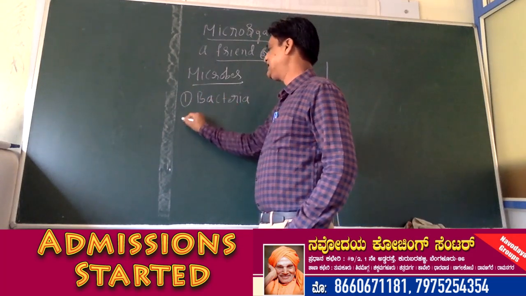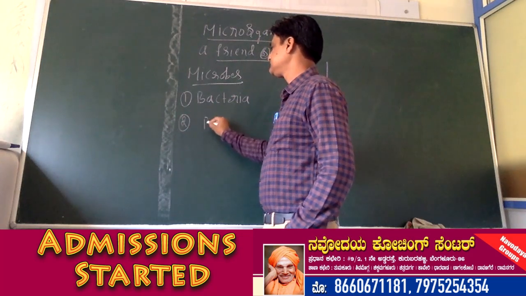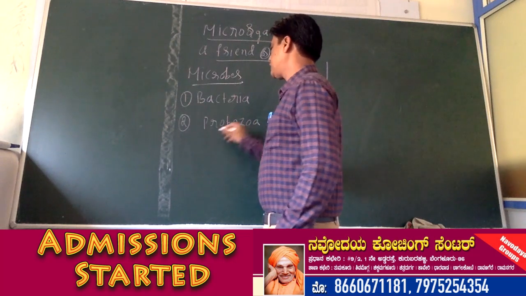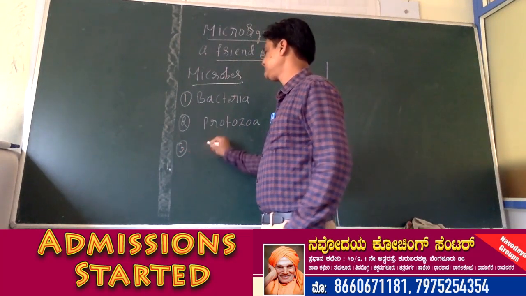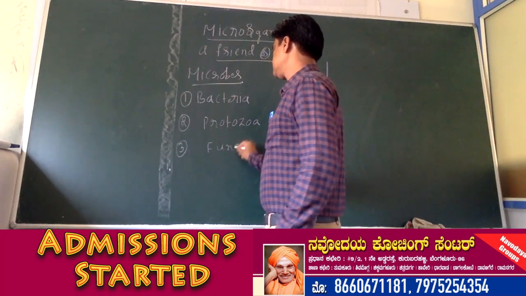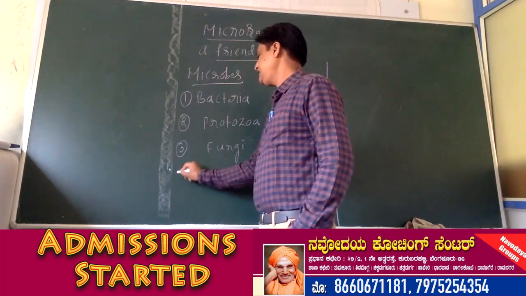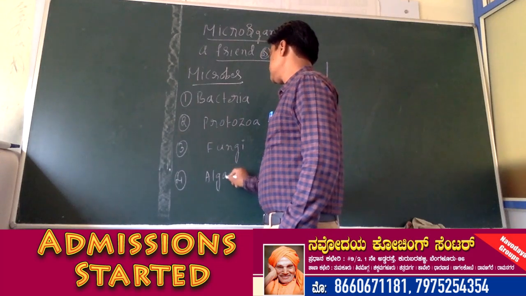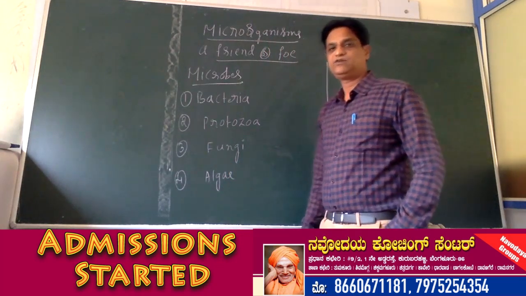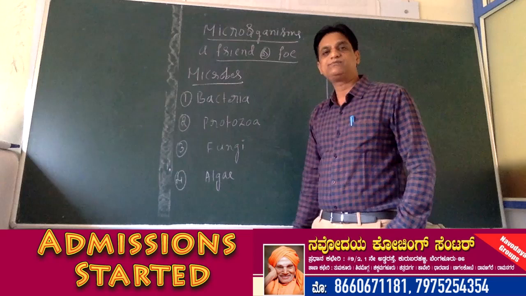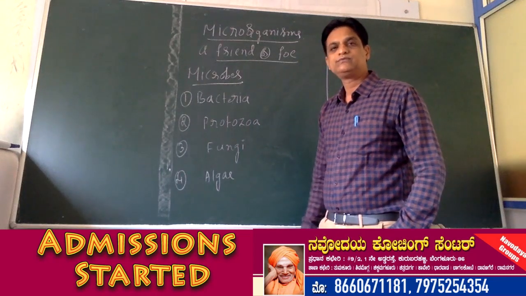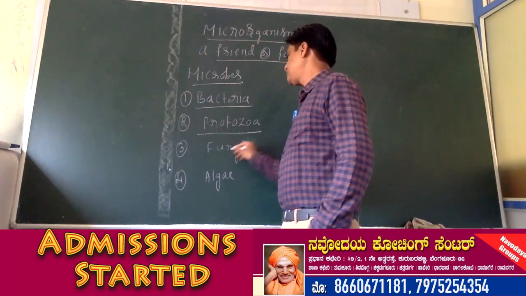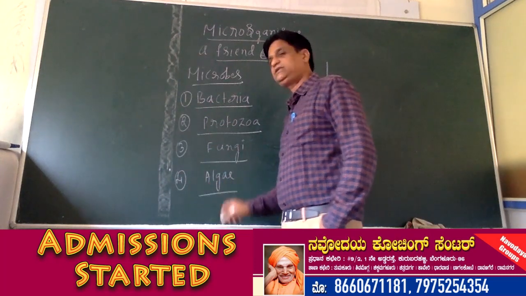One is bacteria, protozoa, fungi, and algae. So microorganisms are classified into four major groups: bacteria, protozoa, fungi, and algae.